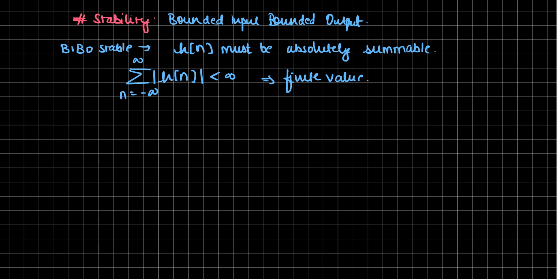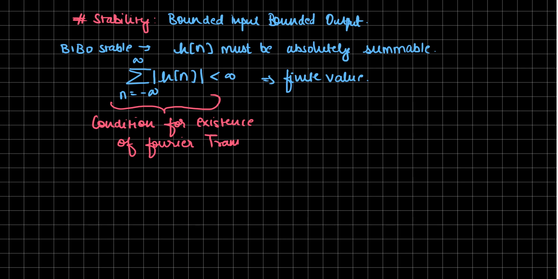And we know that this is nothing but a condition for existence of Fourier transform. Now we know that our z is r into e to the power j omega, and for the special case of r equal to 1, this value of z is simply e to the power j omega, which indicates the Fourier transform of the system.